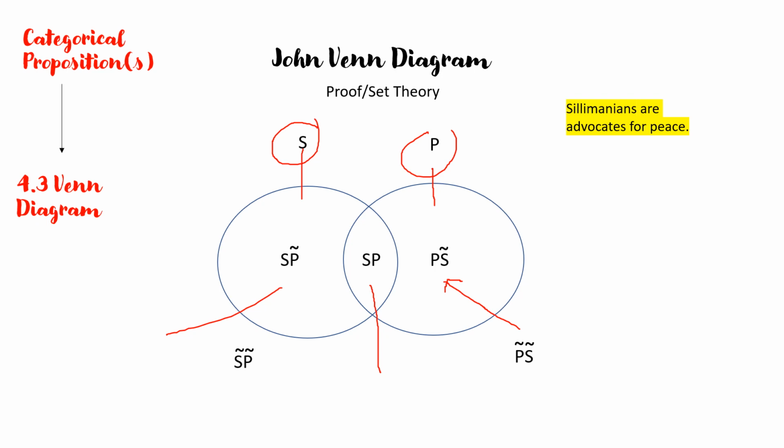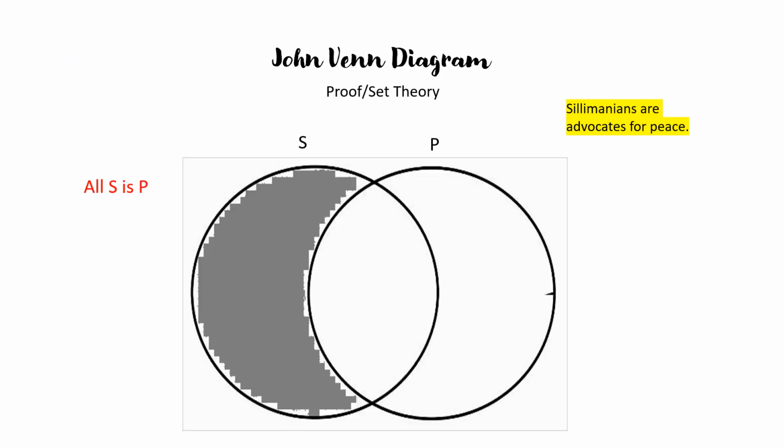Outside, we have the non-S non-P class. All right, we move forward. How does this Venn diagram connect to the propositional problems or distribution of terms? Now, consider this.